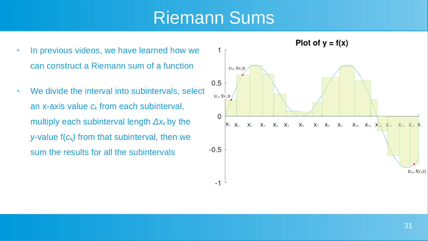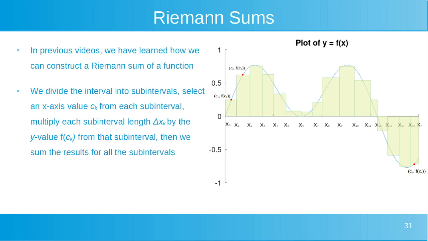The next thing we do is we select an x-axis value, ck, from each subinterval, and then we multiply each subinterval length, delta xk, by the y value, f of ck, from that subinterval. And then we sum the results for all the subintervals.